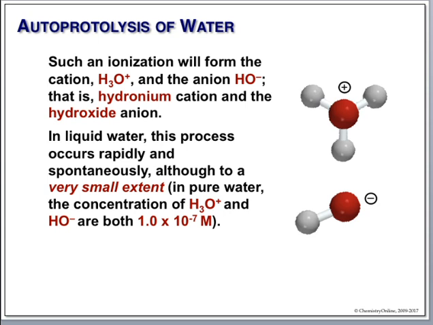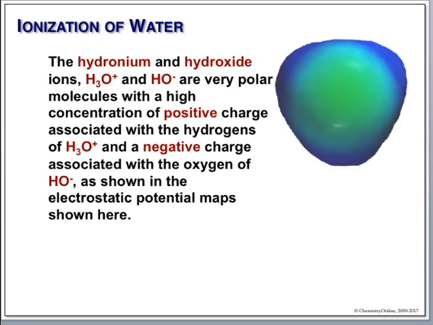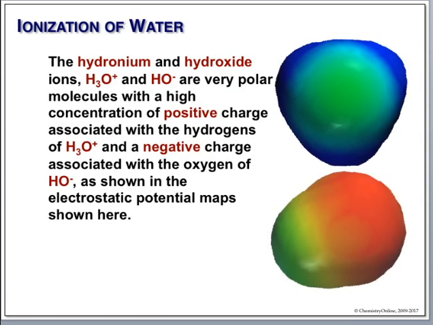Now that's kind of neat. Water is able to split its neighbor, form 2 charged species. Now these charged species really are charged. This is an electrostatic potential map for hydronium and hydroxide, and you can see the extent of the color in these things.